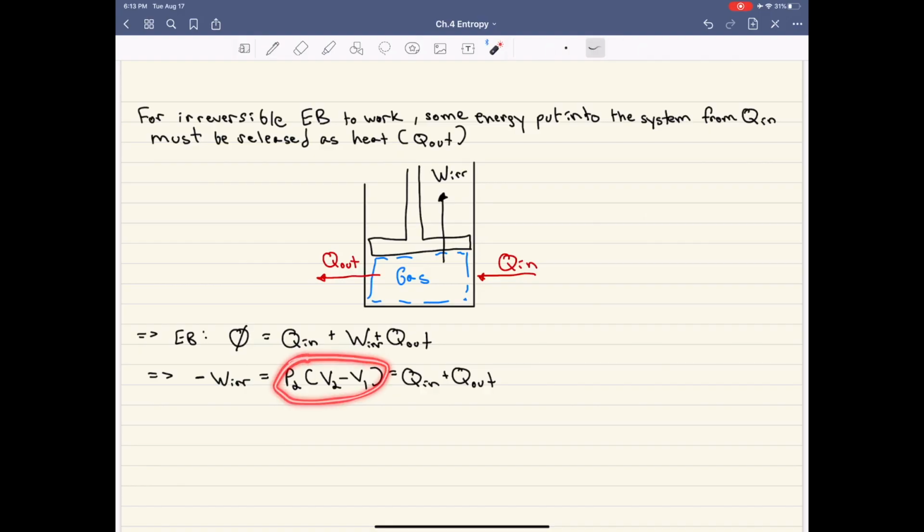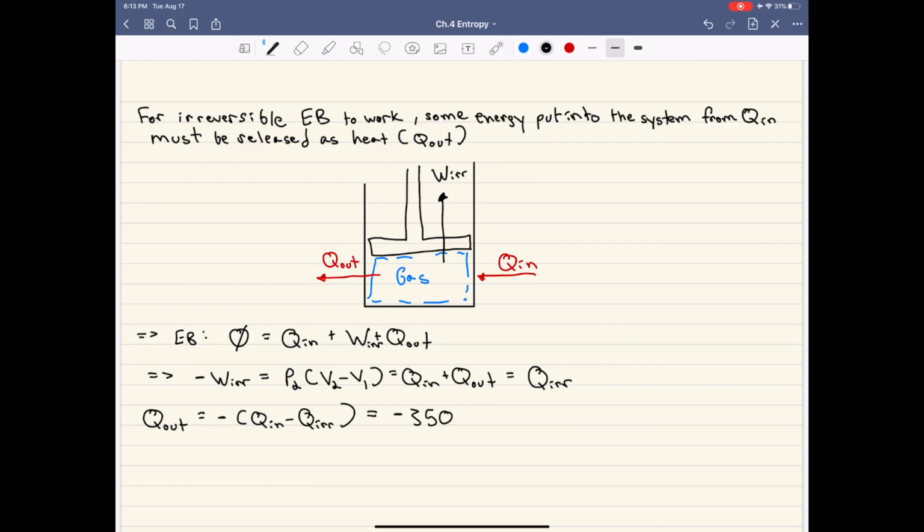This, on the previous page, is what we called Q irreversible. That means the Q out, the heat that leaves the system, is equal to Q in minus that Q total irreversible. So it's going to have a value of negative 3,500 joules. That negative sign is important because it tells us that this is heat that's leaving the system.